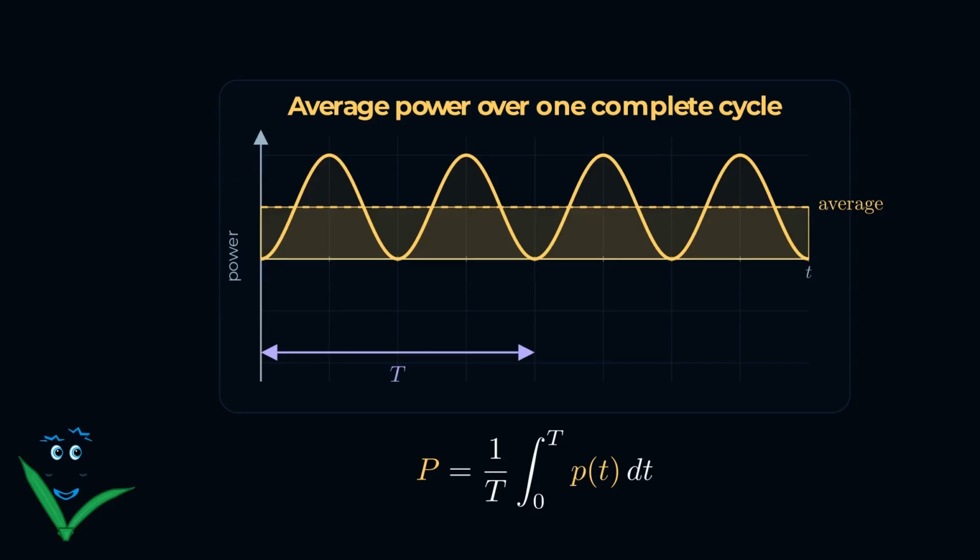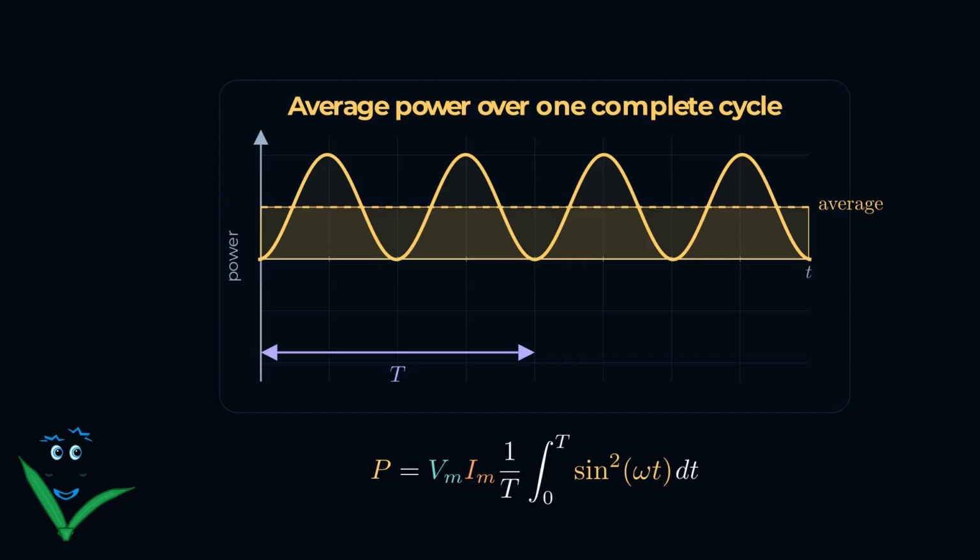Here, capital T is the period of 1 complete cycle. For the resistive circuit, the power is proportional to sine squared of omega t. The average value of sine squared over a complete cycle is 1/2, so the average power is equal to Vm multiplied by Im divided by 2.